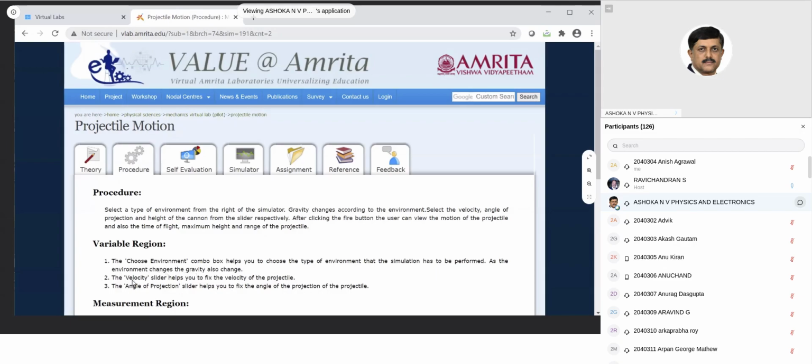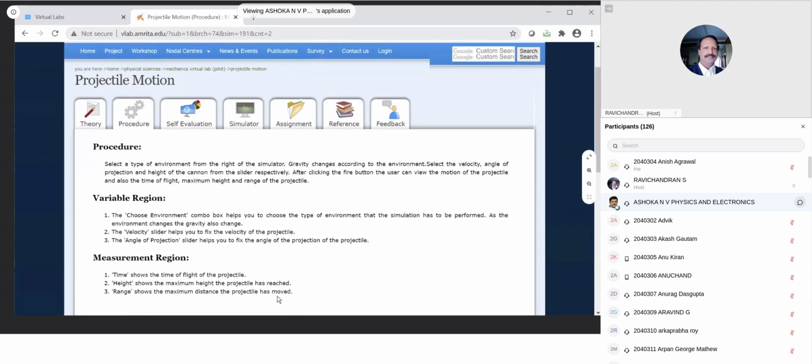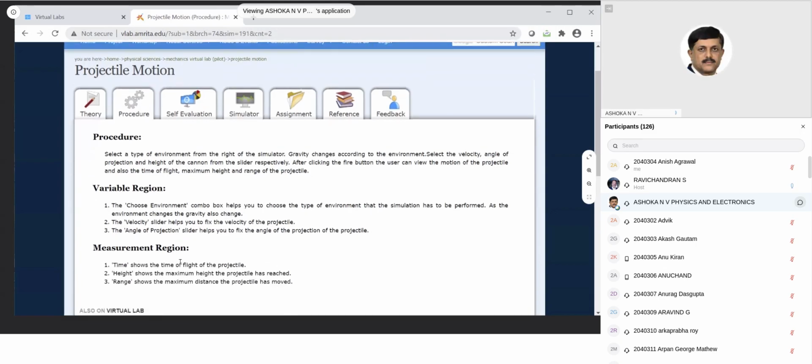First I said for the first 3 trials keep the angle of projection the same and go for different velocities. Then keep the velocity constant for 3 more trials and go for different angles. That is what we have to do. Time shows the time of flight of the projectile.